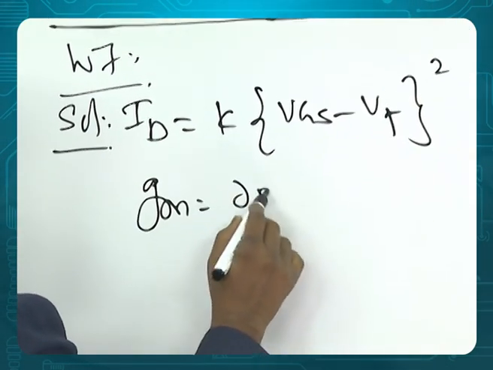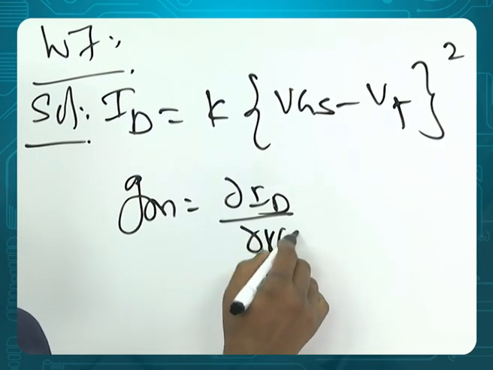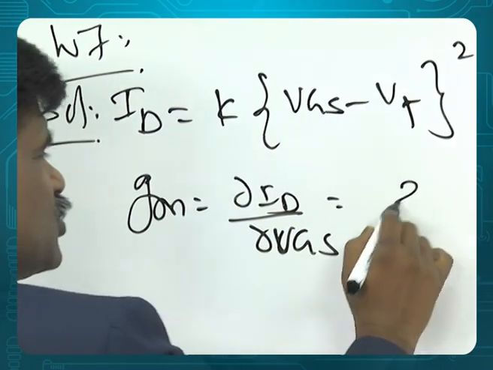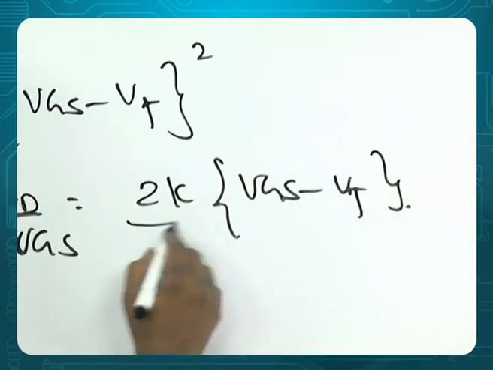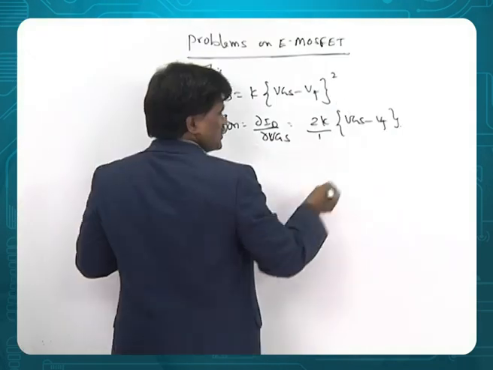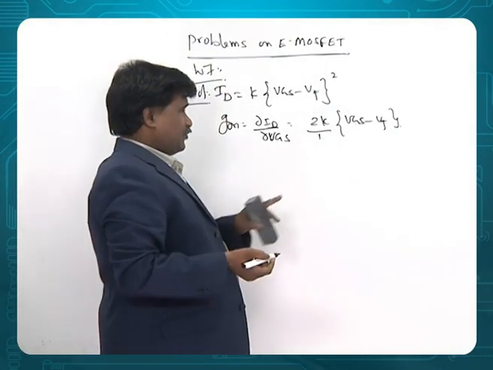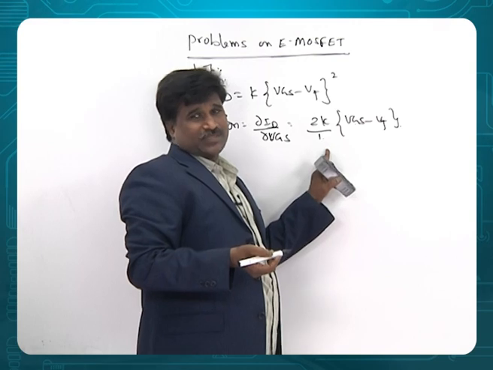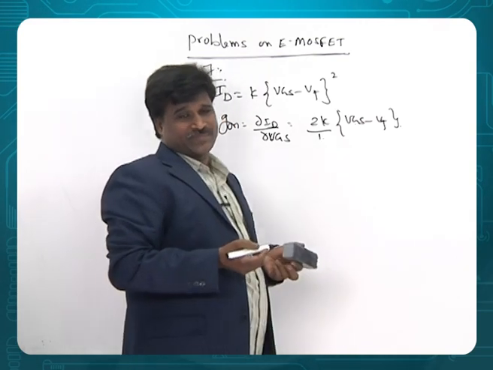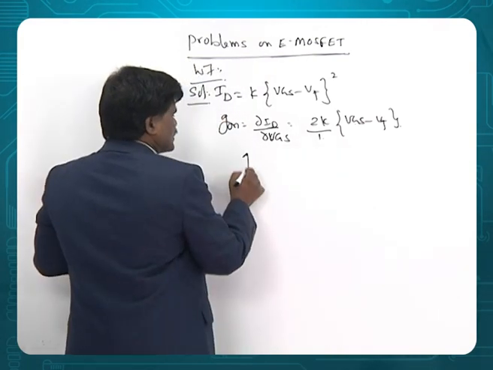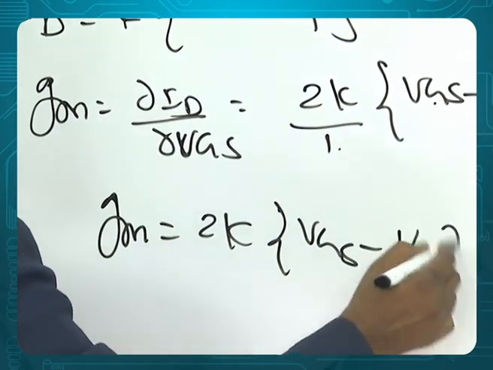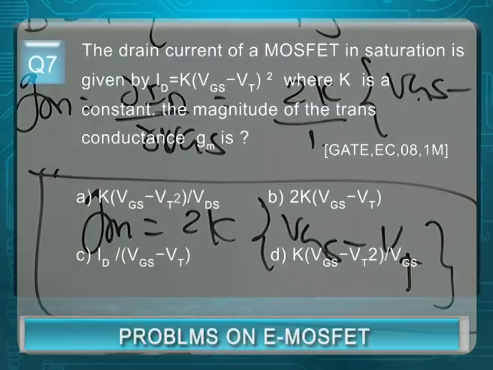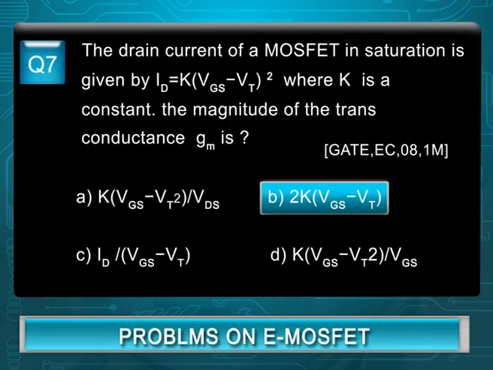Transconductance is given by ∂ID/∂VGS. So 2K (VGS − VT) × 1, because when you differentiate, the VGS term gives 1. Therefore the final answer is 2K (VGS − VT). That's the answer, and the option is B.